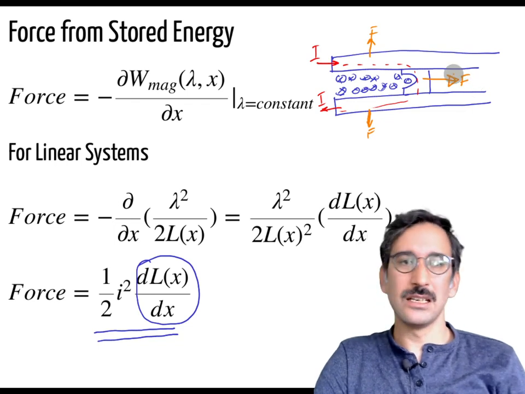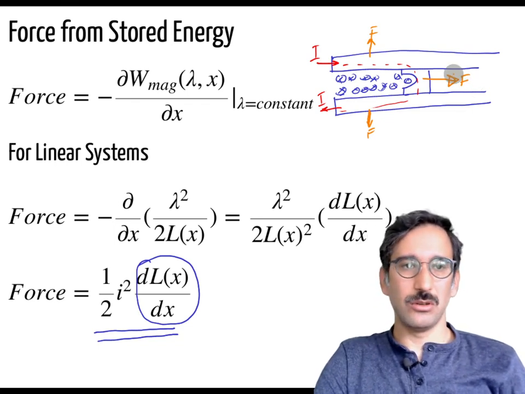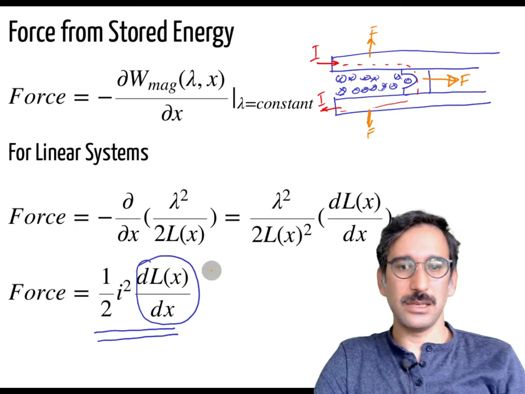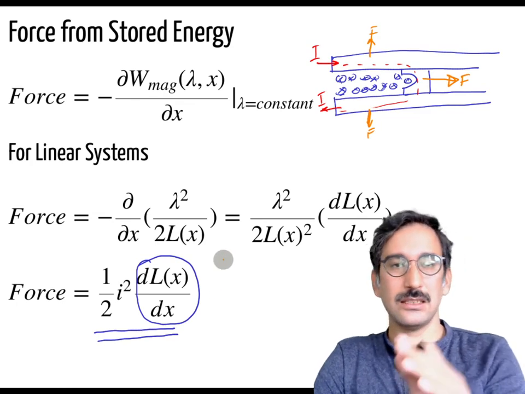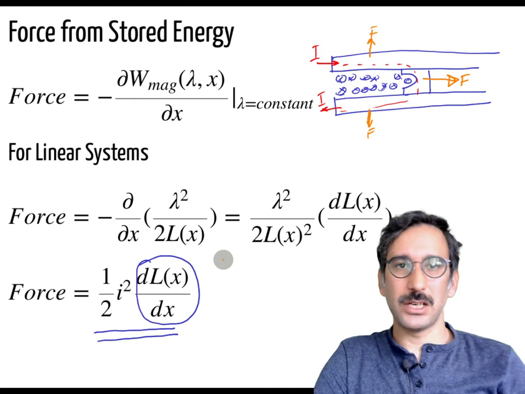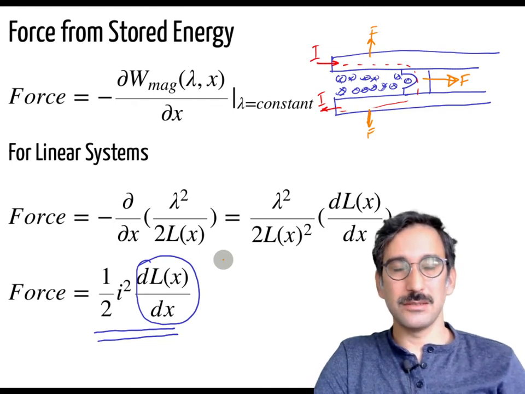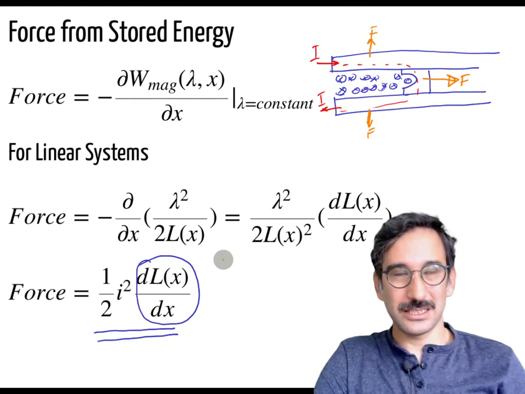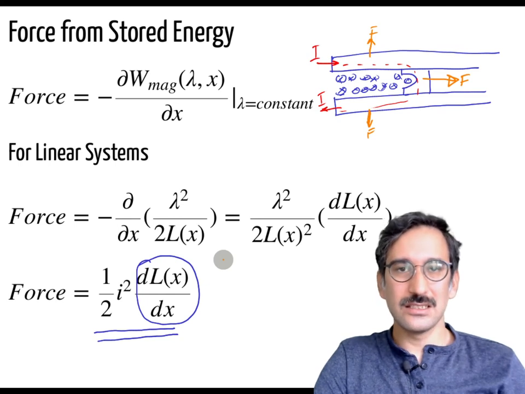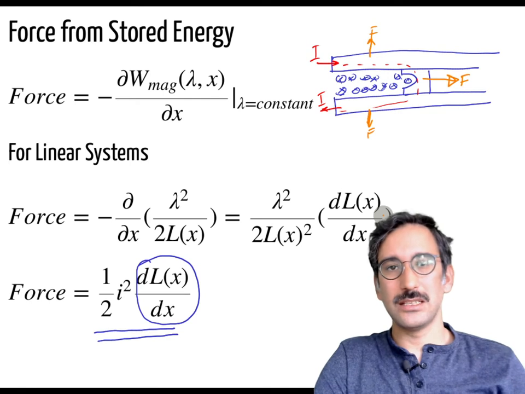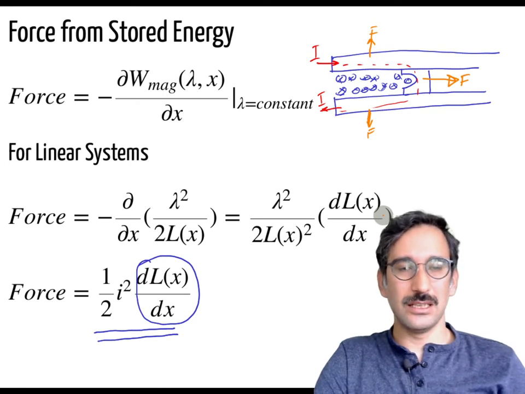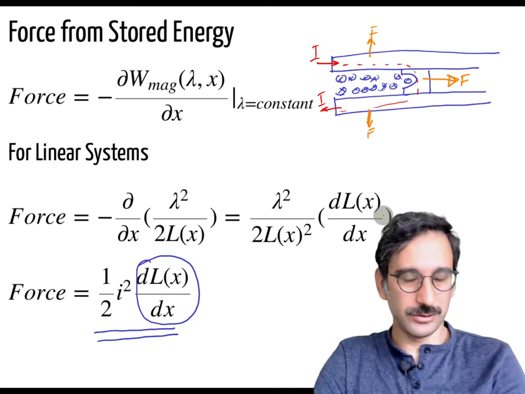That case can be explained with the Lorentz force, but it can also be explained using that term, because magnetic systems try to maximize their inductances or minimize the reluctance. Again, L is equal to N squared over R, so they are inversely proportional.